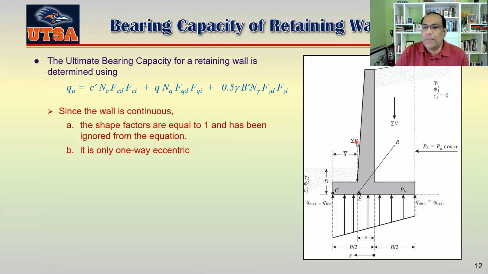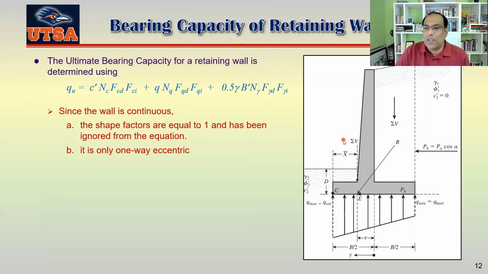If you see the diagram here, your summation of V is working at a distance X bar from here. This is basically all the weight of the soil and the concrete, plus the vertical component of the active force.